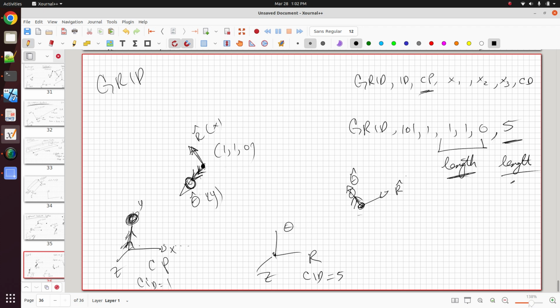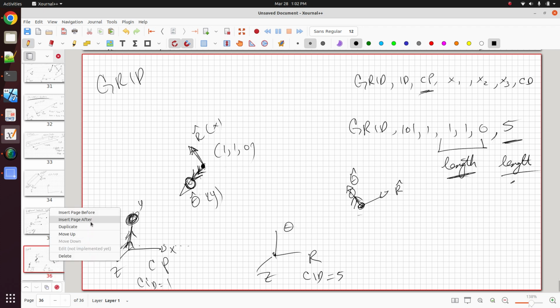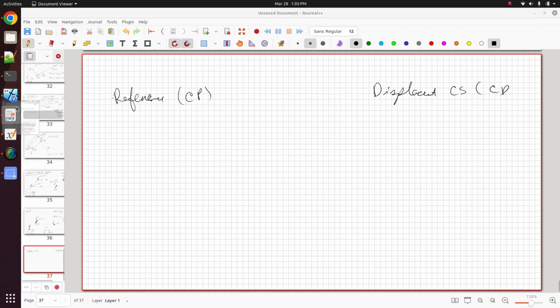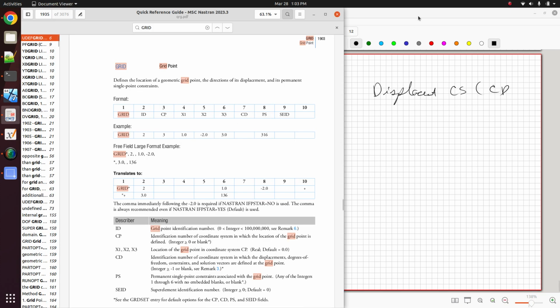Okay, now let's see what else is there to do. Let's talk about the reference, which is the CP field, and the displacement coordinate system, CS, which is the CD field. Let me make sure I have these fields correct.